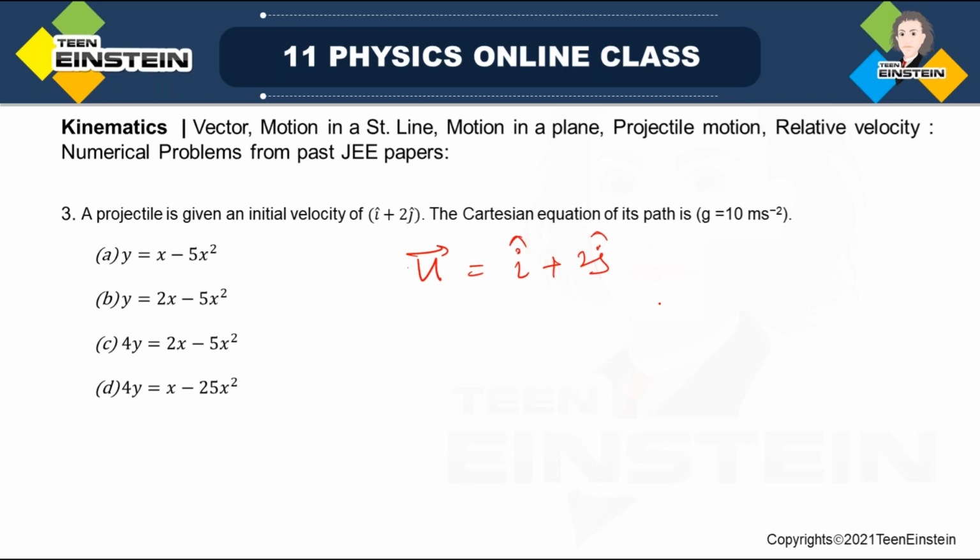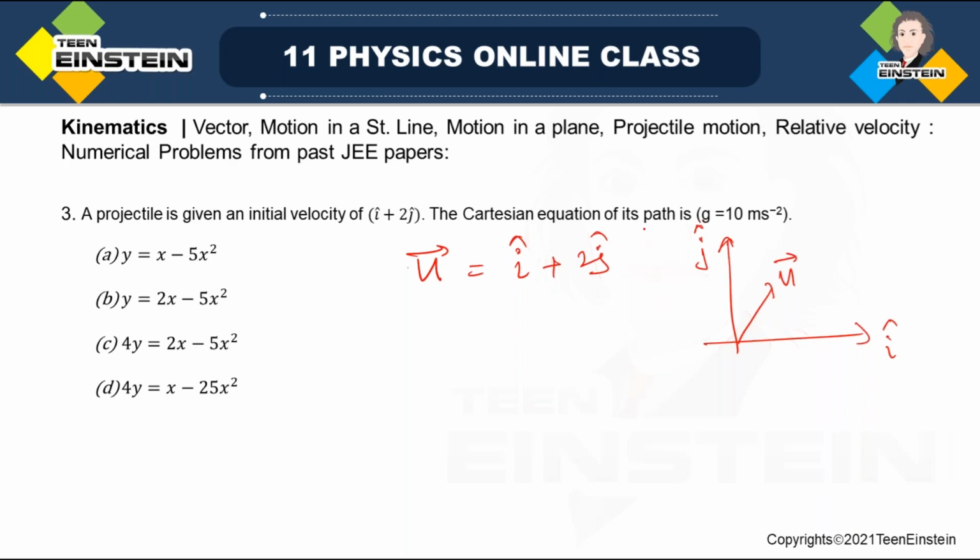If I just draw the coordinate system like this, it has velocity along the j cap direction, that means y, and x this. So this is the vector u. Okay, this is what is given.